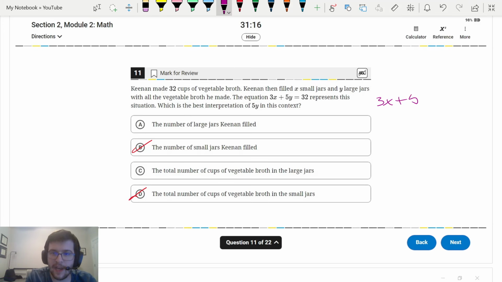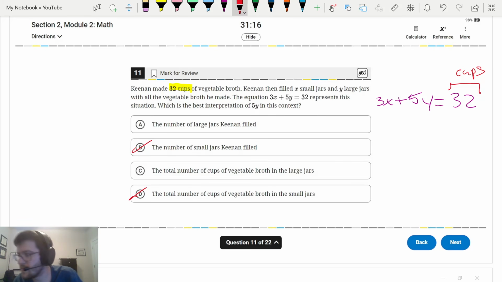And remember, every term in the equation has to have the same units. The units of the 32 is cups, so this has units of cups, and all the terms have to have the same units, so this has units of cups, and this has units of cups.